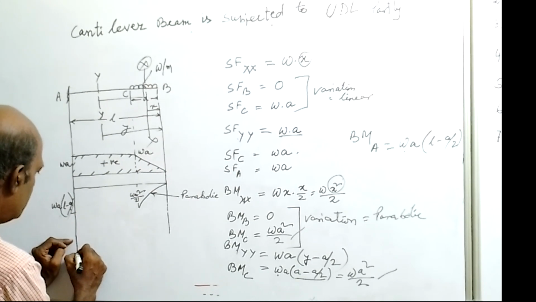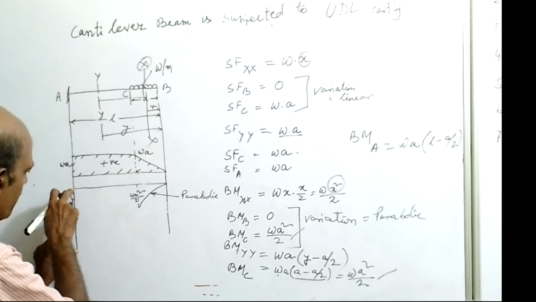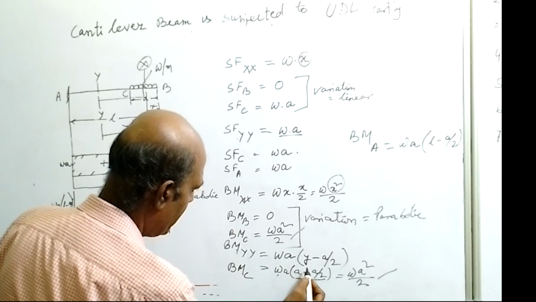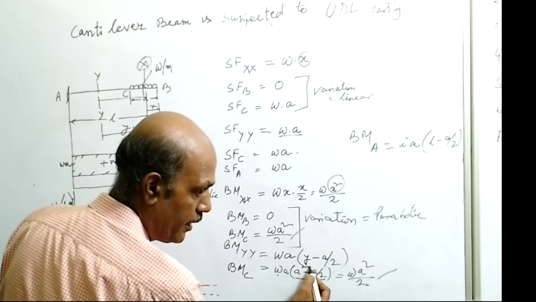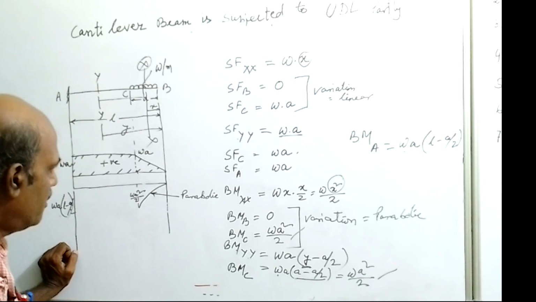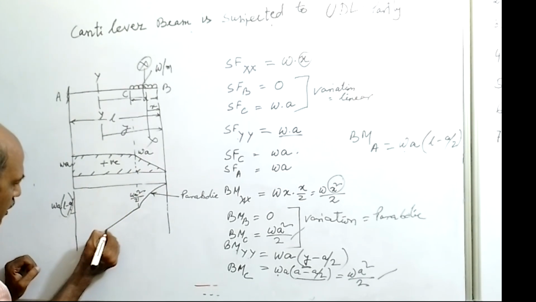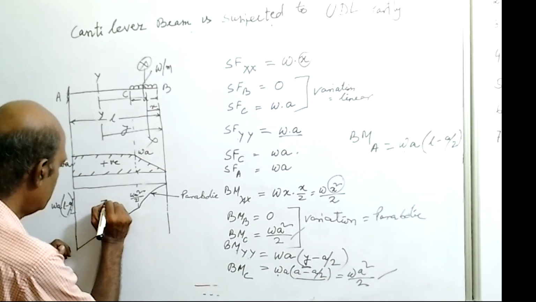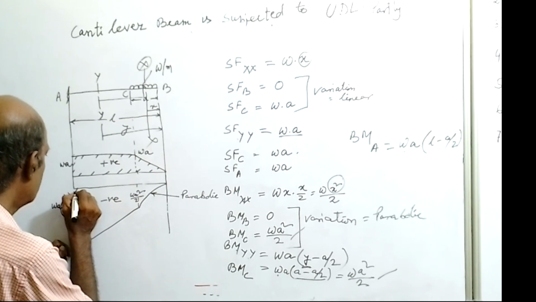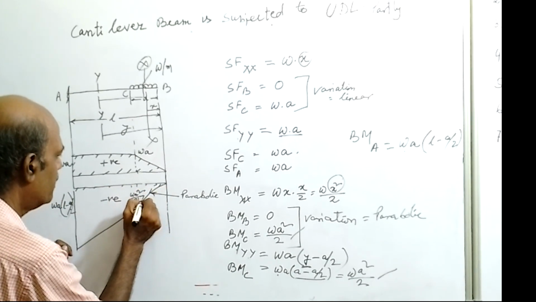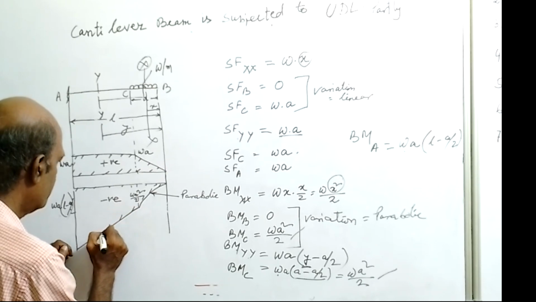You can see the variation varies with y. That means the variation is linear, a straight line variation. So from this point to this point, it will be a straight line because of the linear variation. Put this one as negative and put the hatching mark. This will complete the bending moment diagram.